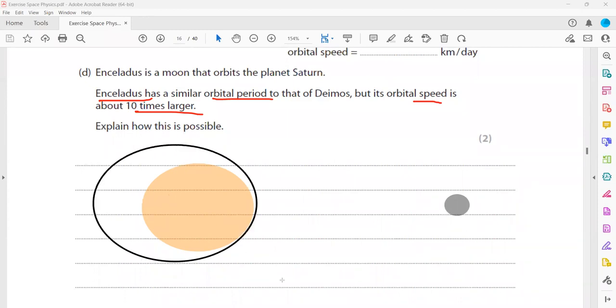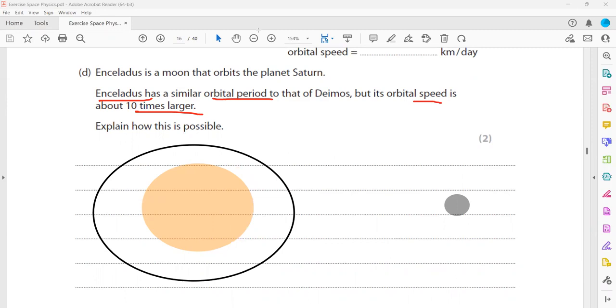Like if I say this is a moon of Saturn, this represents the moon of Saturn, and this represents the moon of Mars.